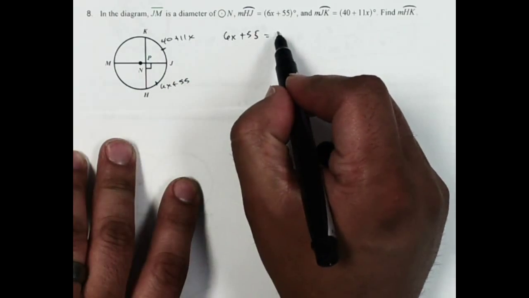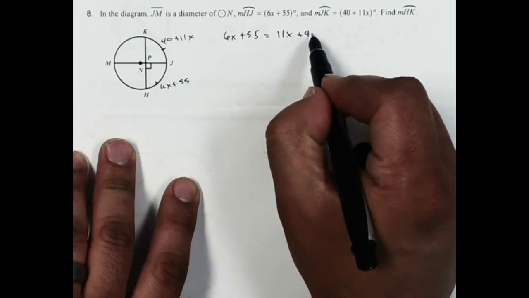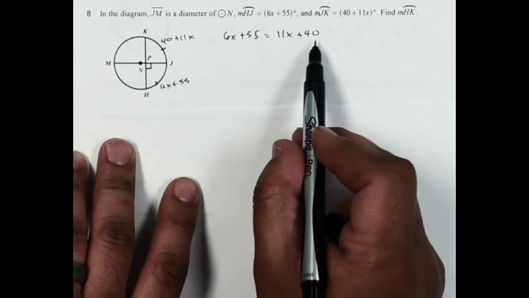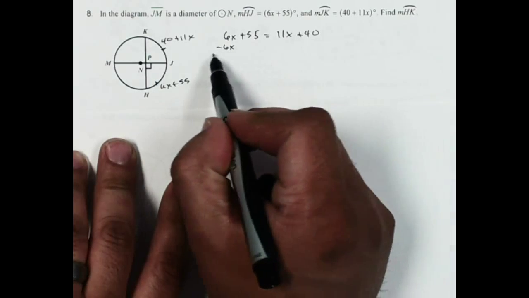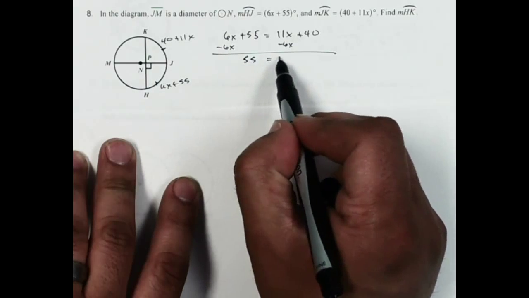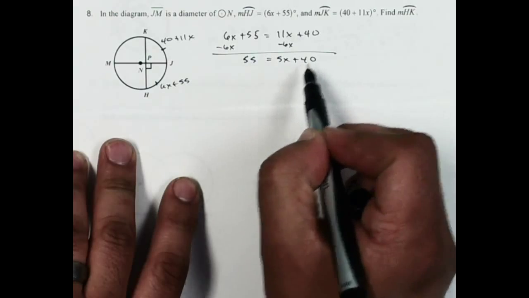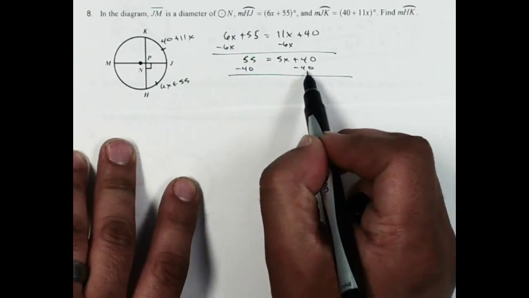I'm going to go ahead and put the 11x in front since they're both positive. I'm going to rewrite it as 11x plus 40. Okay, so from here I'm going to subtract the 6x. That gives me 55 equals 5x plus 40. If I subtract the 40, this goes to 0.